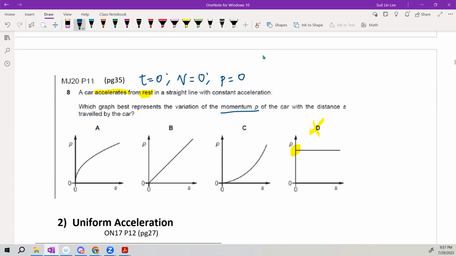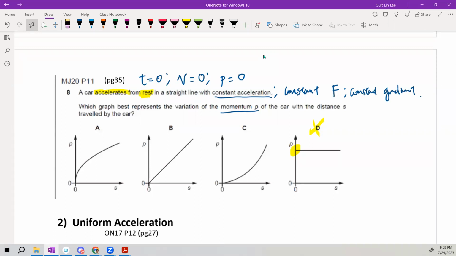So if it accelerates from rest with constant acceleration, means I will have constant force. Constant force means constant gradient. Constant gradient is B. So this one is decreasing force, decreasing acceleration.